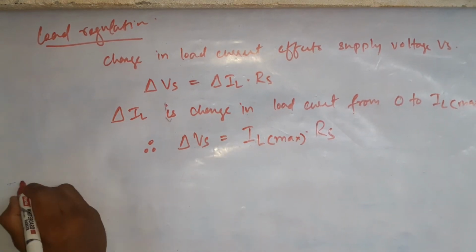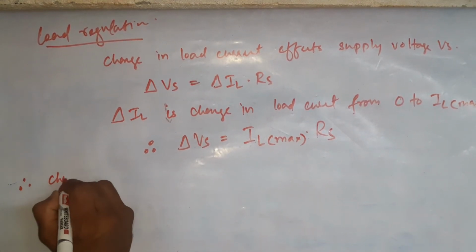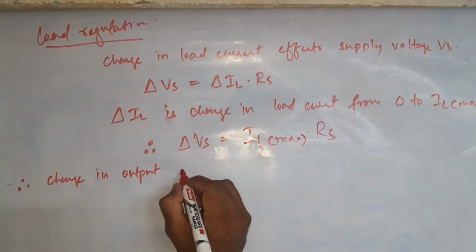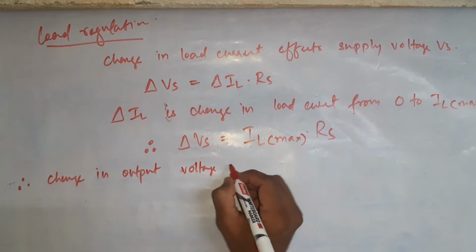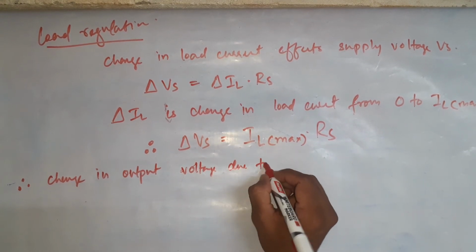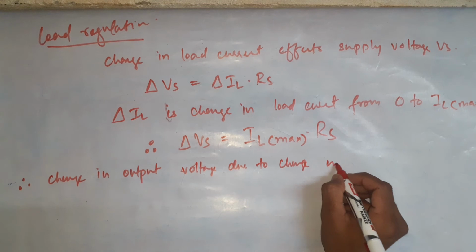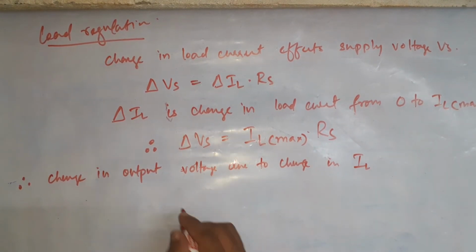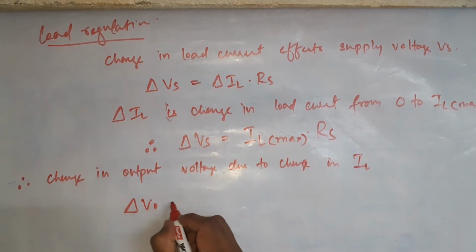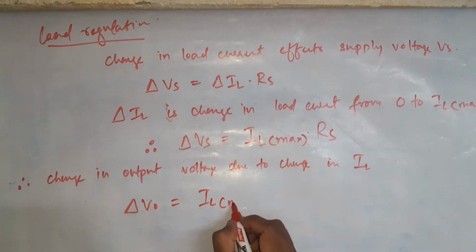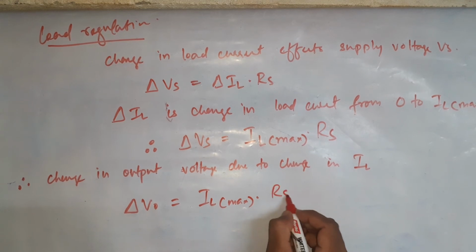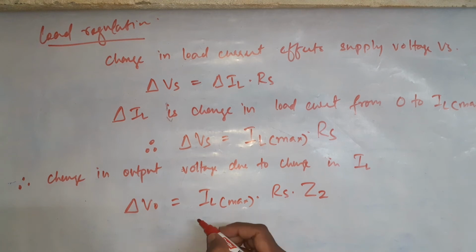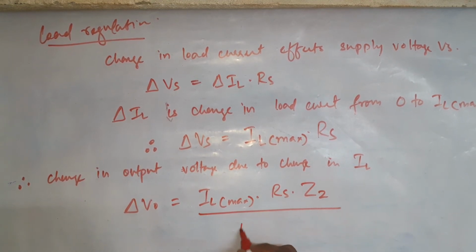So finally, the change in output voltage due to change in load current is given as change in V0 equal to IL maximum into Rs into Zz, whole divided by R1.